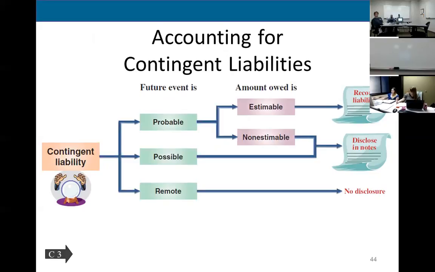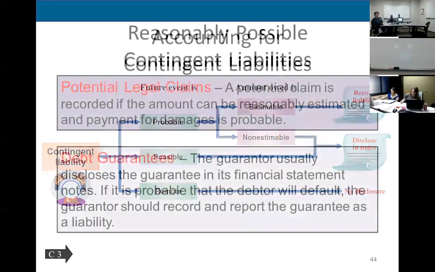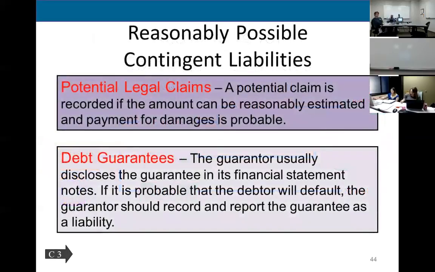If the event is probable, we're going to record the liability. Possible, we are just going to disclose it in the notes. If it's a remote possibility, no disclosure is required. Okay, potential legal claims or debt guarantees are both going to be possible contingent liabilities.